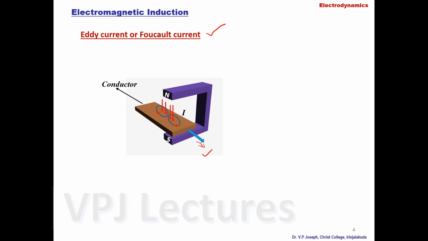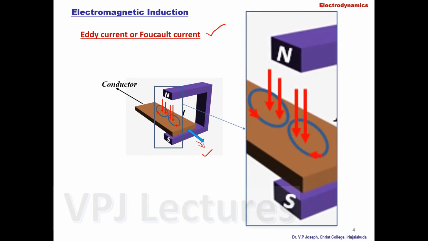So let us examine this in a magnified form. Say at the entry point, we can see that the magnetic field is from top to bottom, and the conductor opposes the growth of magnetic field inside it by producing a magnetic field in the opposite direction, that means in the upward direction.